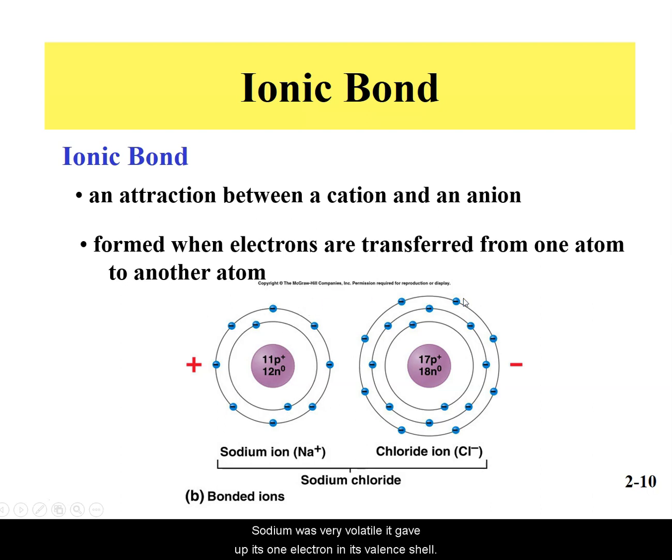It gave up its one electron in its valence shell. Now it has become stable, and it donated that electron to chlorine. Now chlorine becomes chloride, and a positive and a negative ion bonding together forms an ionic bond, a cation and an anion for an ionic bond.